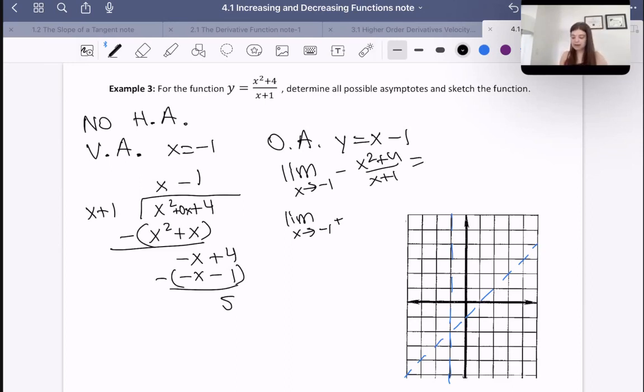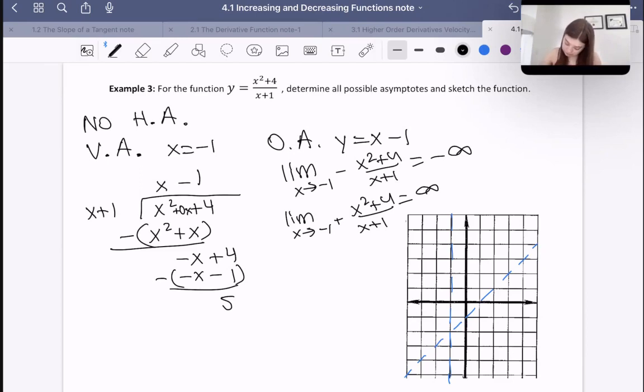That would be -1.01, which would give us something positive on the top and something negative on the bottom, so negative infinity there. And then over here, likewise, it must be approaching positive infinity, because if we choose something like -0.99, something slightly to the right of this, then we are going to end up with positive for both, and we're going to end up going to infinity.